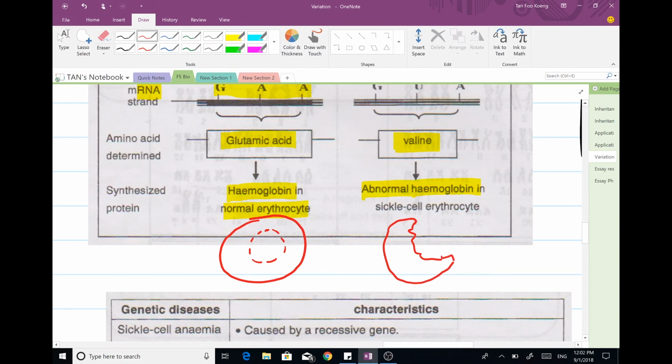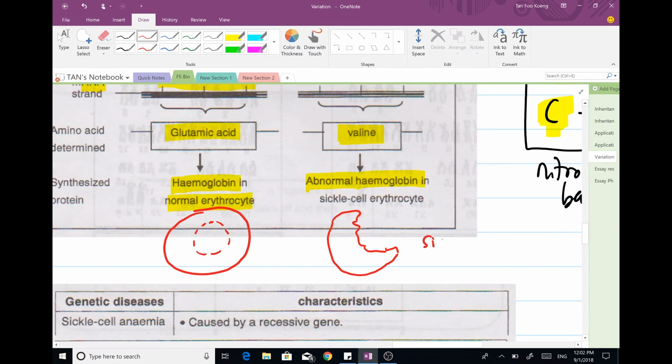So we call this phenomenon sickle cell anemia. This patient suffers from anemia, the lack of red blood cells, because the red blood cells produced are sickle shaped. The red blood cells couldn't transport oxygen efficiently.